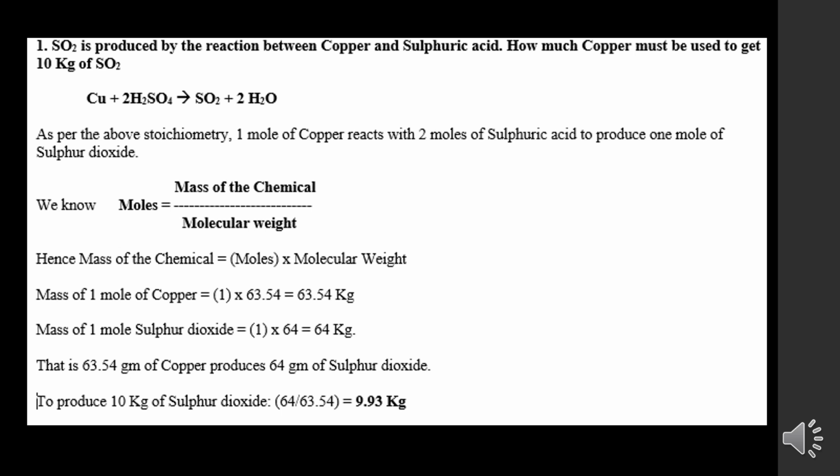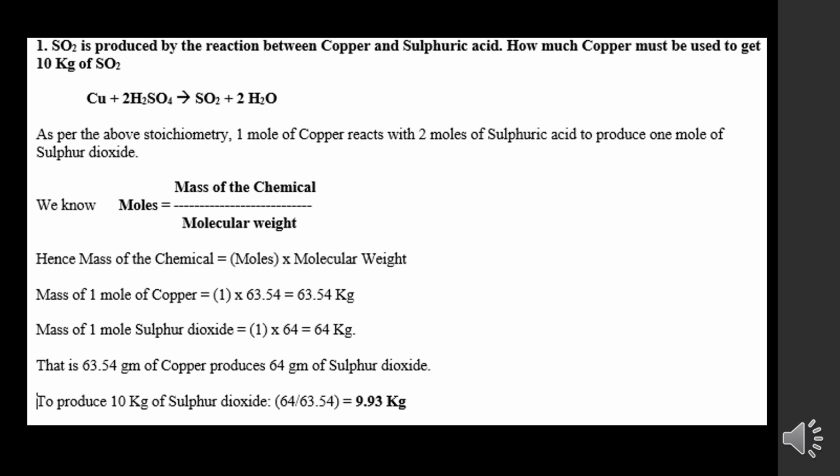So mass of 1 mole of copper is 1 into 63.54, which is the atomic weight of copper. So we will get the answer as 63.54 kilogram. As the question gives the data in kilogram, we have to determine this in kilogram.